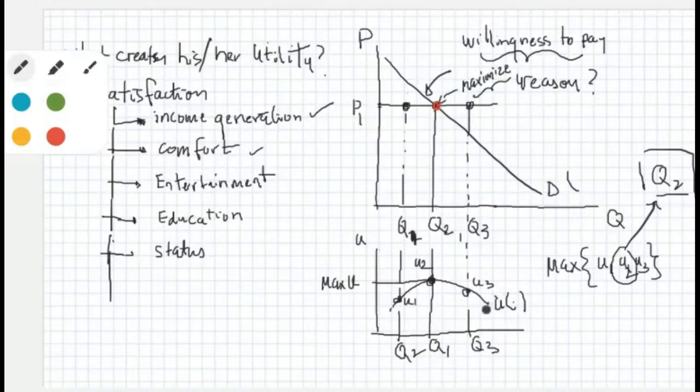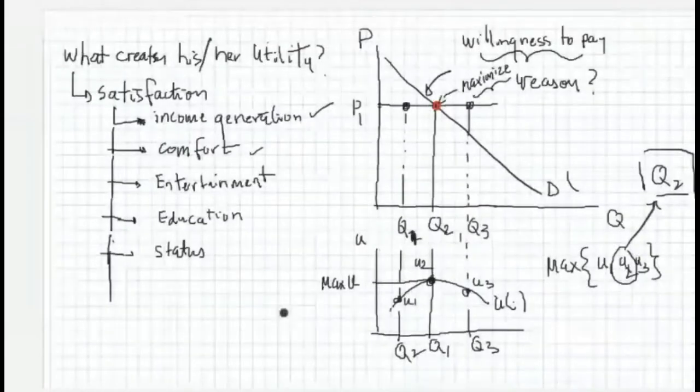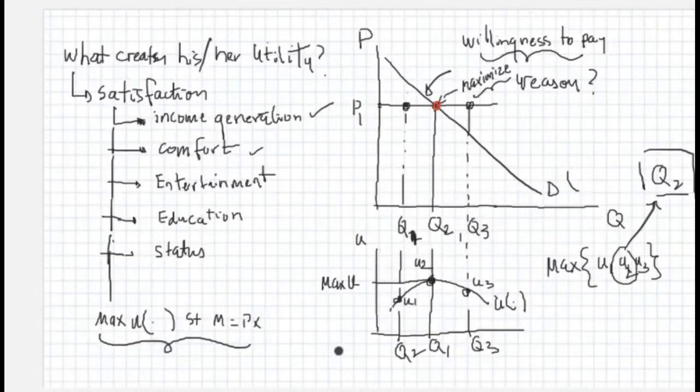That is why, when we derive a demand function, how does the demand function come? It comes from maximization of utility subject to my budget constraint and the prices. So this is how I decide.